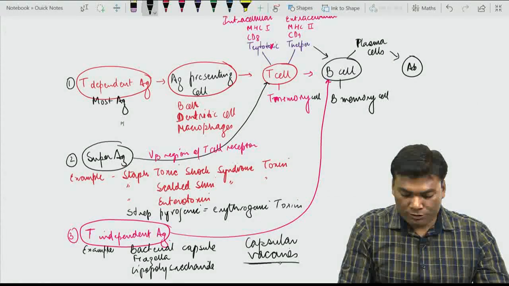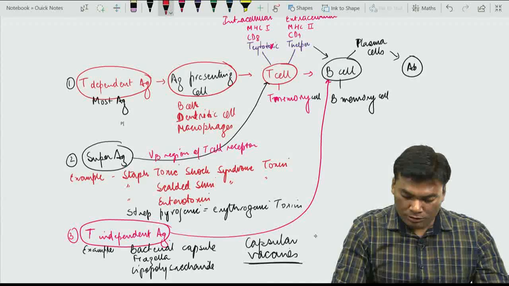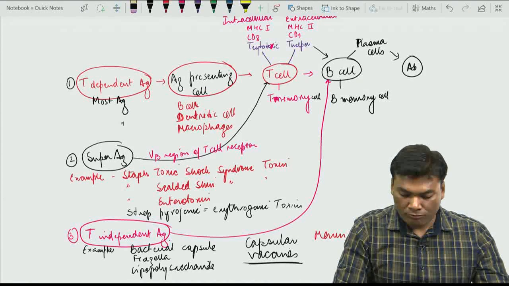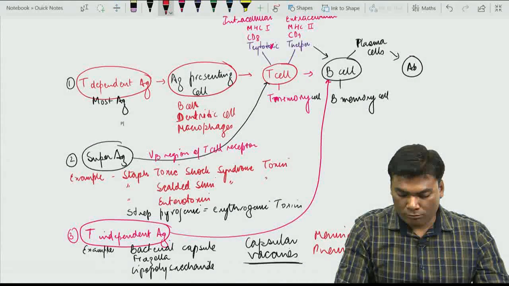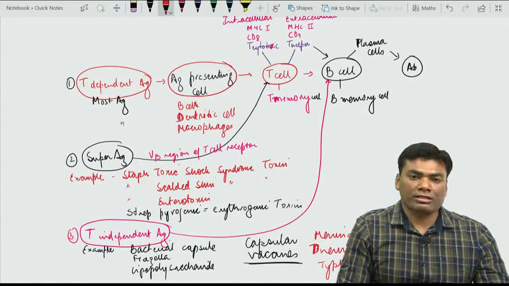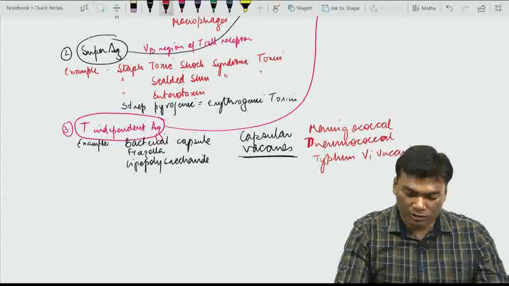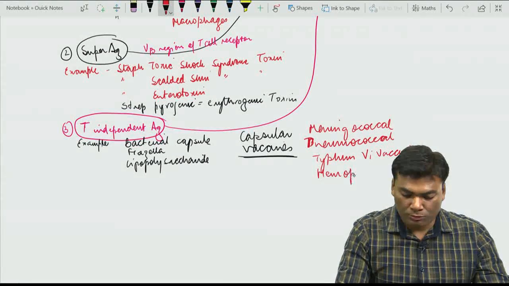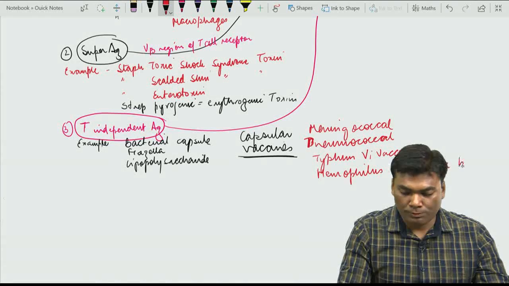Capsular vaccines are meningococcal vaccine, pneumococcal vaccine, and the Typhim Vi vaccine, right? These are the capsular vaccines. Also the Haemophilus influenzae B vaccine.